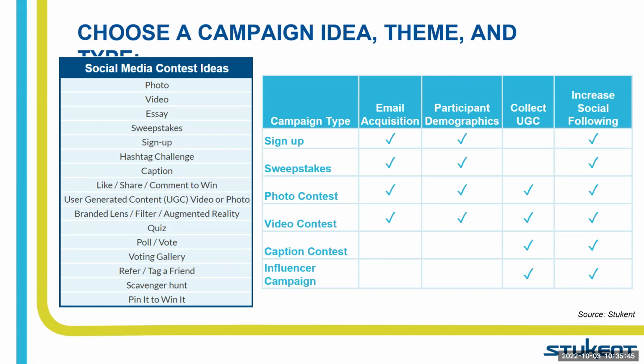Obviously, the goal for all of these should be to increase your social following. Any of them that don't have that box checked, you probably need to re-examine. But at the same time, if your main goal is to acquire emails, you can find a way for all of these campaign types to lead to that step. So again, the takeaway here is that this is an example of a table, and these can be influenced by what it is that you are doing.